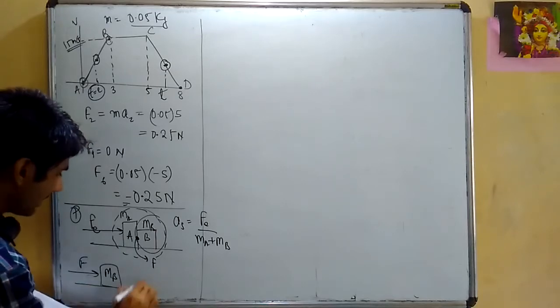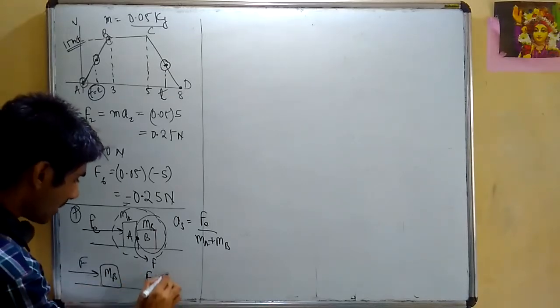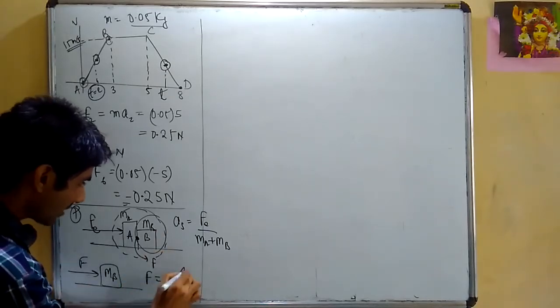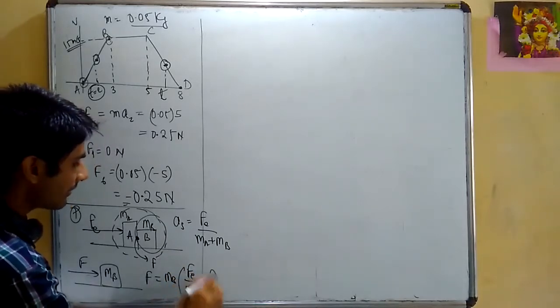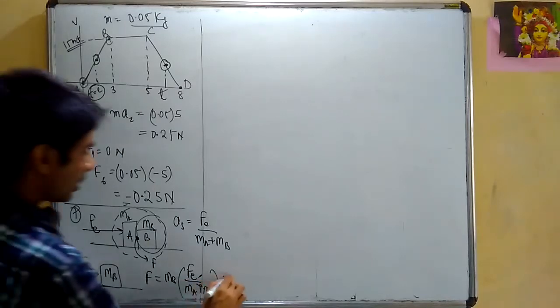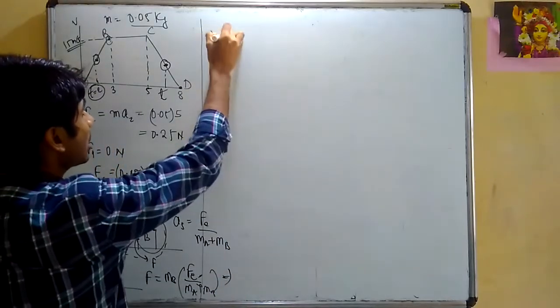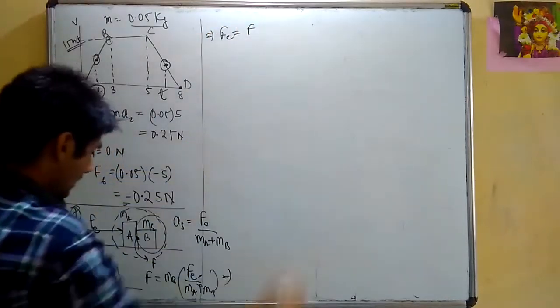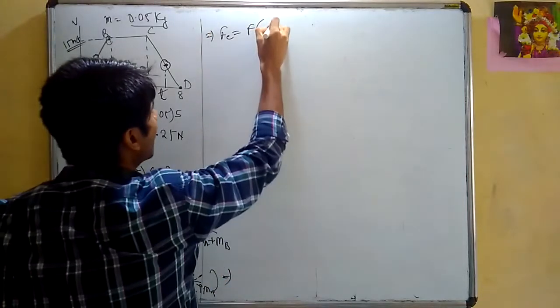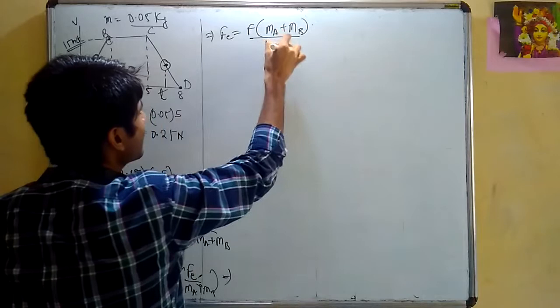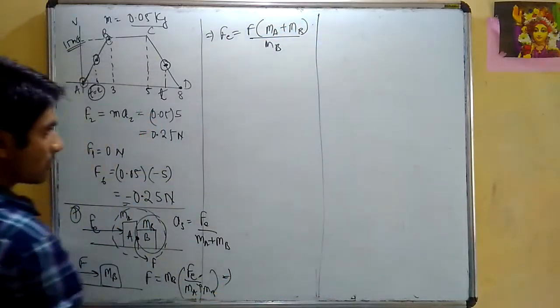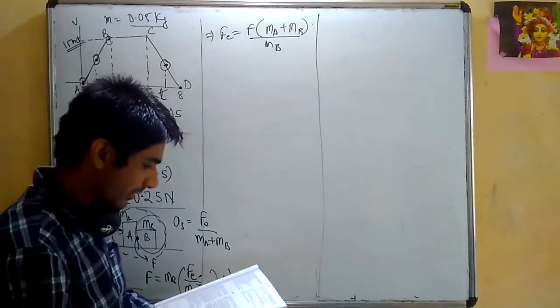There is only one force acting, so therefore I can say F equals mass of B into acceleration of the system, that is Fe by MA plus MB. So therefore I have the value of Fe. What is the value of Fe? Directly I can say the value of Fe from this equation is F multiplied by MA plus MB by MB. This is the answer. I was supposed to find the force exerted by the experimenter.